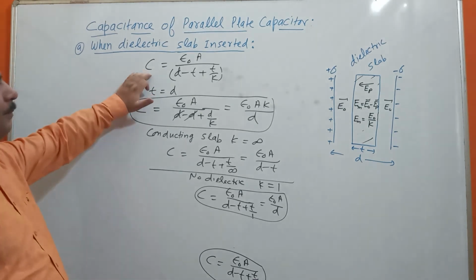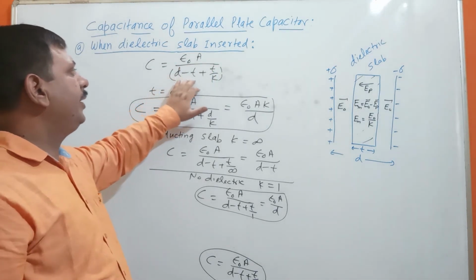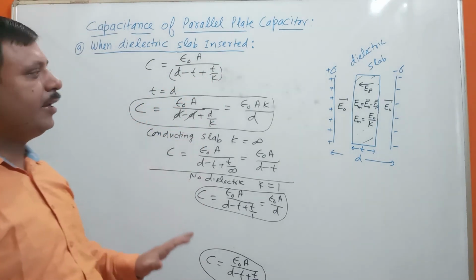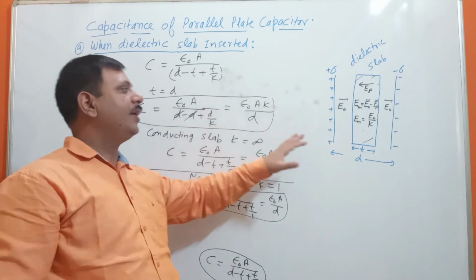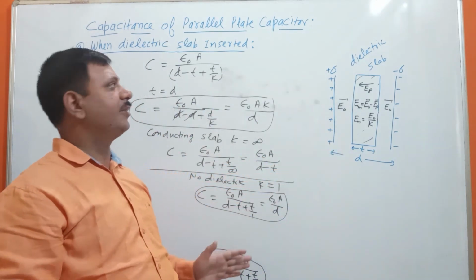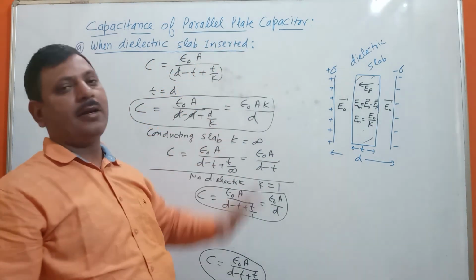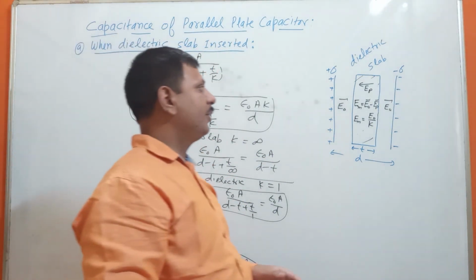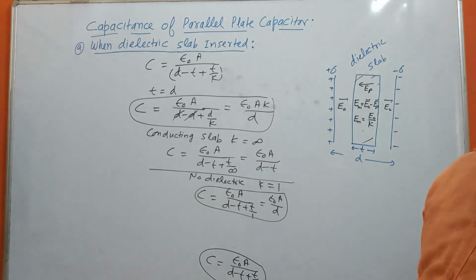So remember this: C is equal to epsilon naught A upon (D minus T plus T upon K) when a dielectric slab of width T and dielectric constant K is inserted between the plates of a parallel plate capacitor. This formula is very important. How we will use it, we will discuss later.